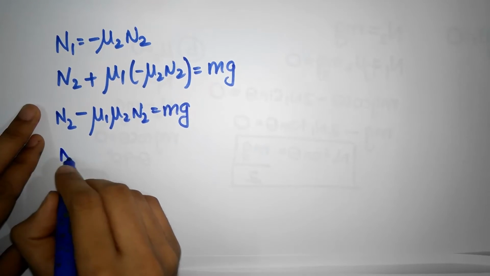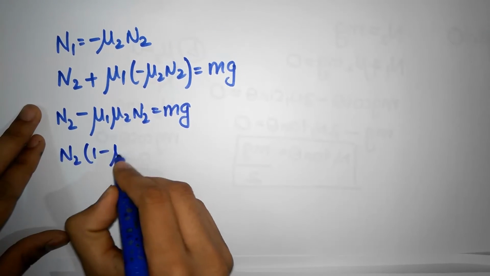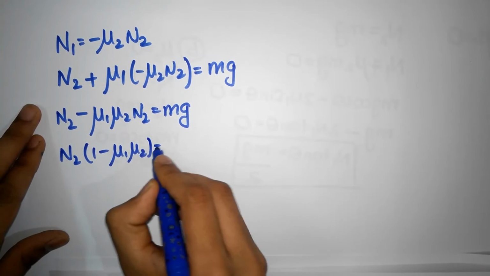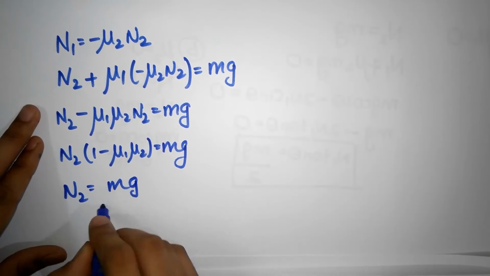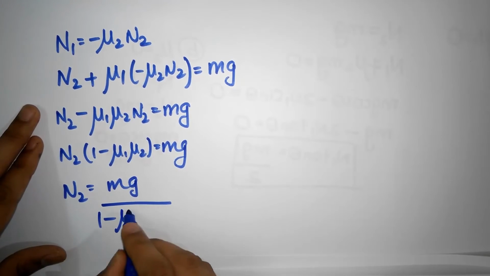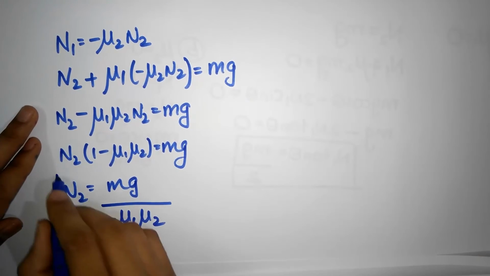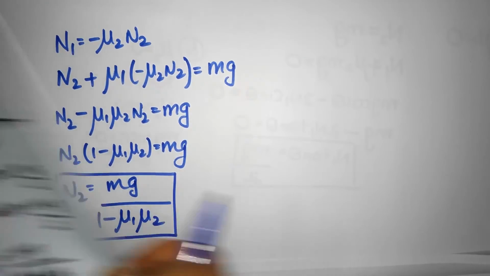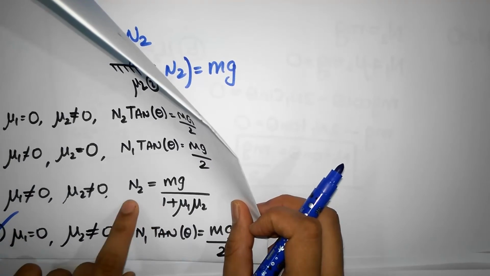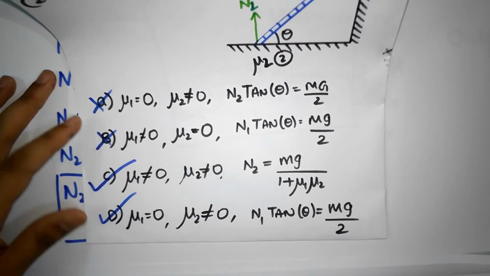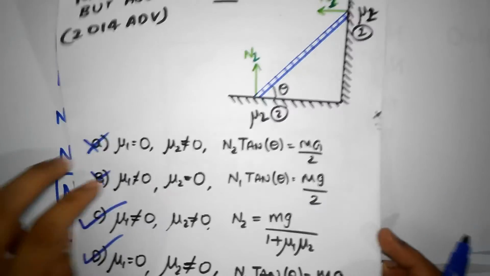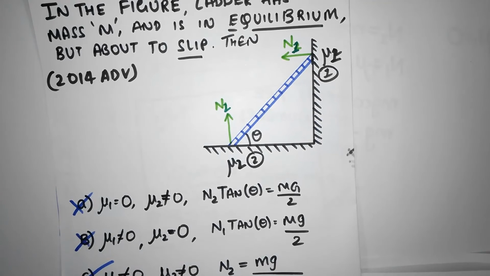So hey, I don't think this is that bad. I think we got it. Oh yeah, we got it. n2 times 1 minus mu1 times mu2. And let's see, that's what we have. n2 equals mg divided by 1 plus mu1 mu2. That means this is right. So we have solved the 2014 advanced problem. Stay tuned for more.